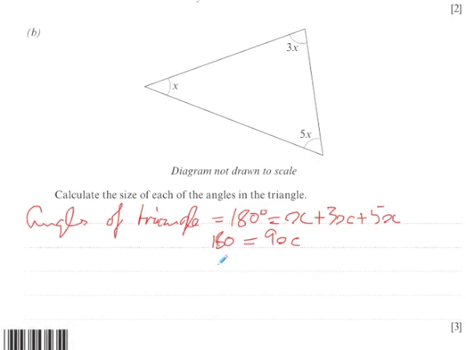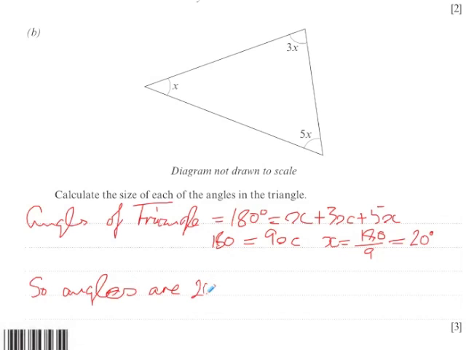And so x equals 180 degrees over 9, which is equal to 20 degrees. Now remember, it's saying calculate the size of each of the angles in the triangle. So the angles are 20 degrees for that one.